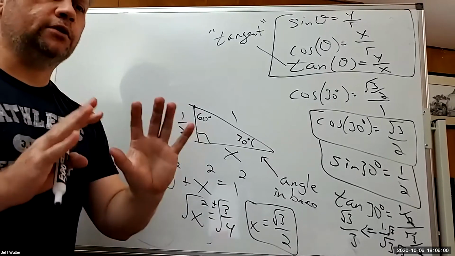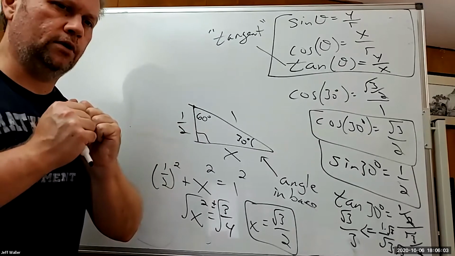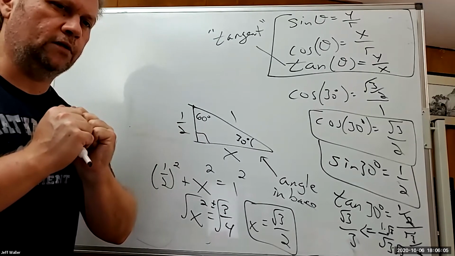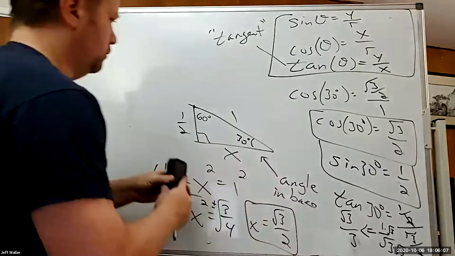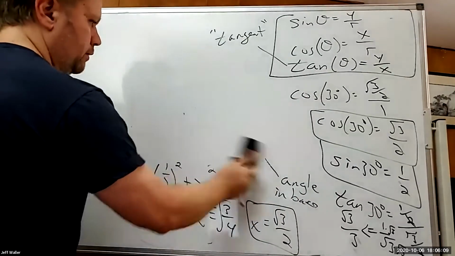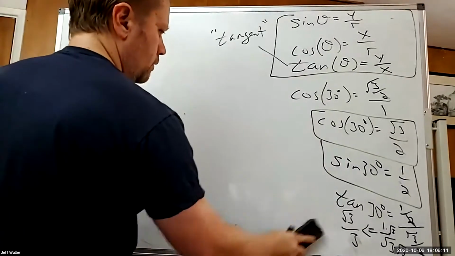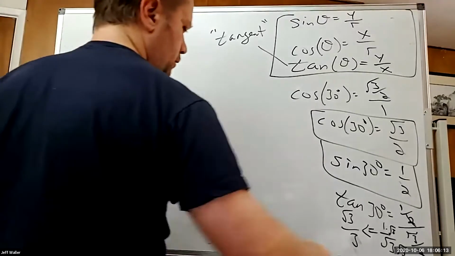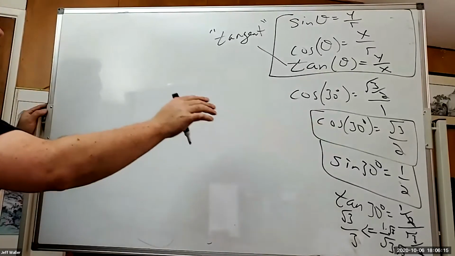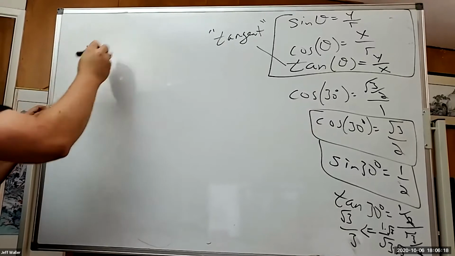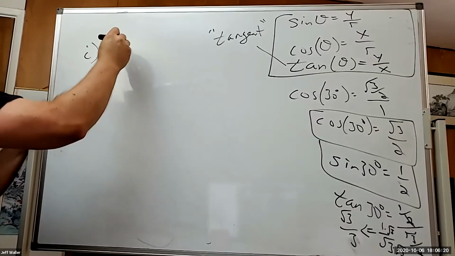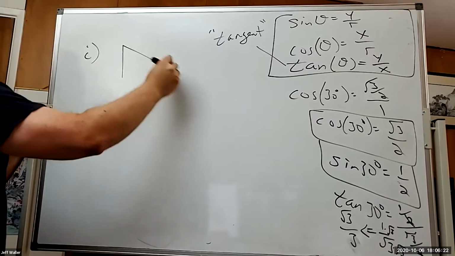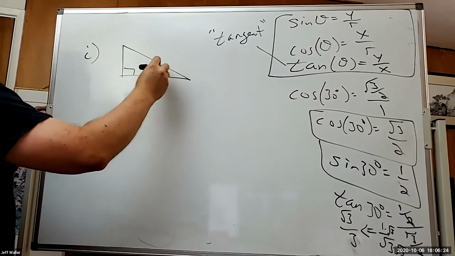So let's do a couple of things. Let's do a concrete problem real quick. Two different types of concrete problems. First kind of concrete that you'll see is something like this.